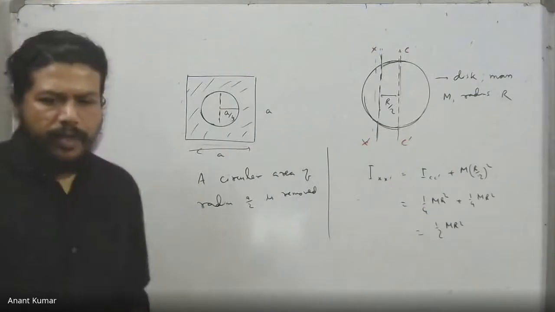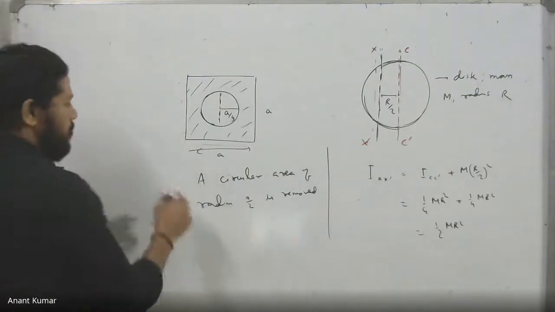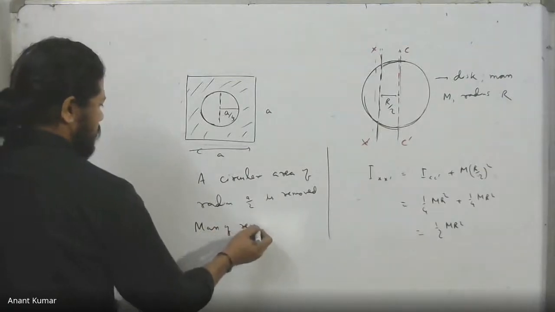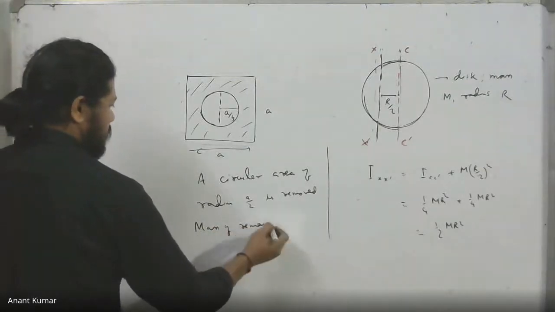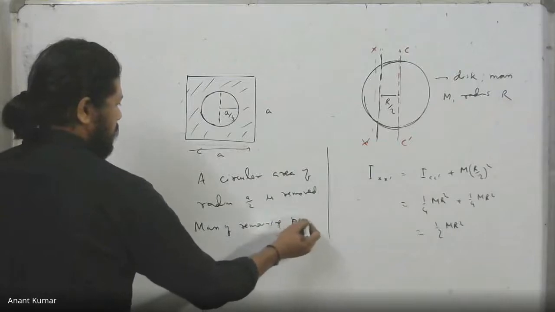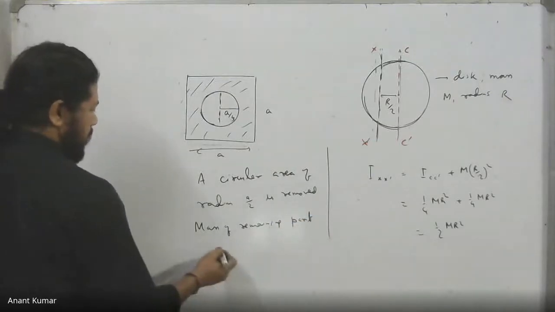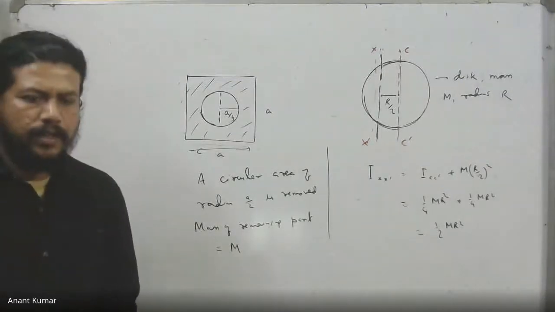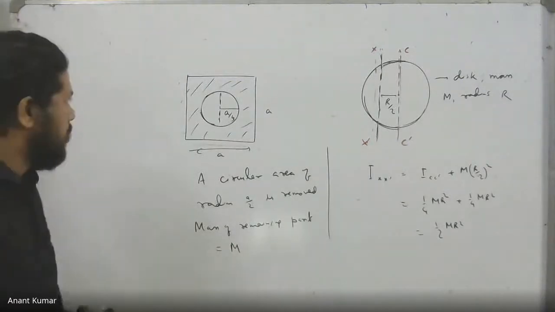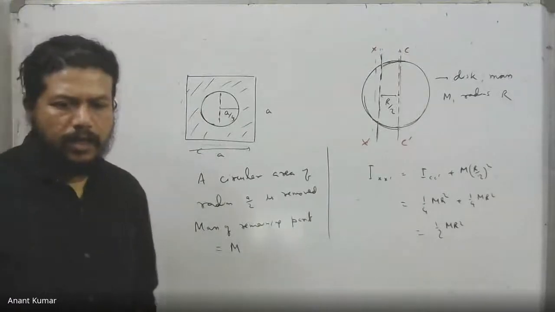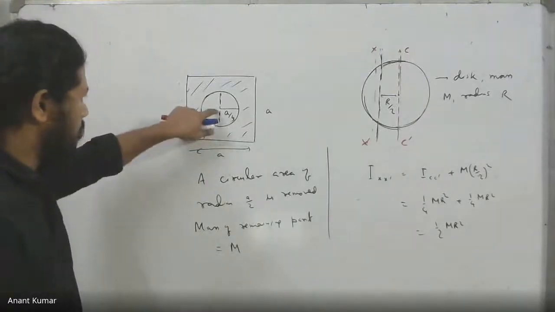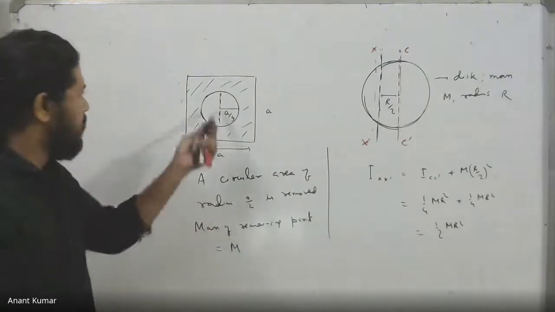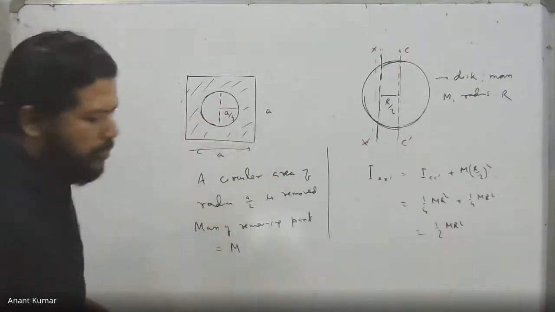We're going to take the mass of the remaining part, which is given to be m. What will be the moment of inertia about an axis through the center of the square and the circle? They're concentric actually. So about this axis perpendicular to the plane of the picture, what is the moment of inertia?